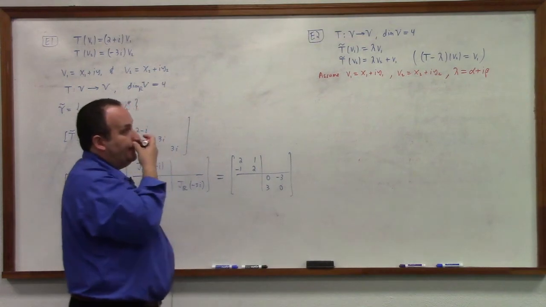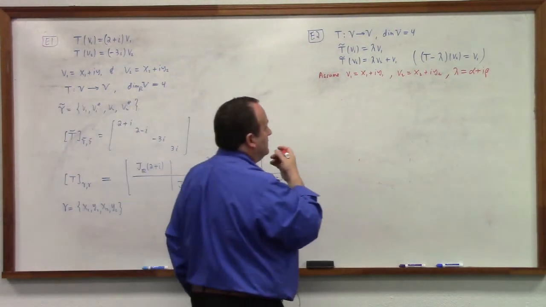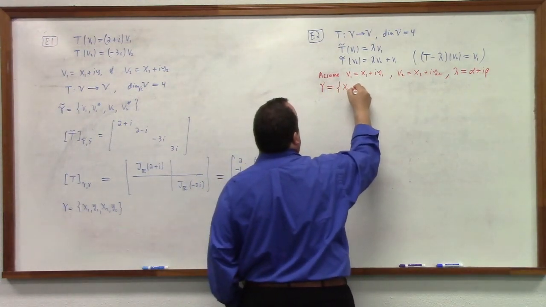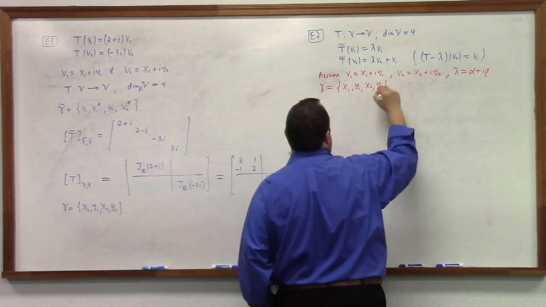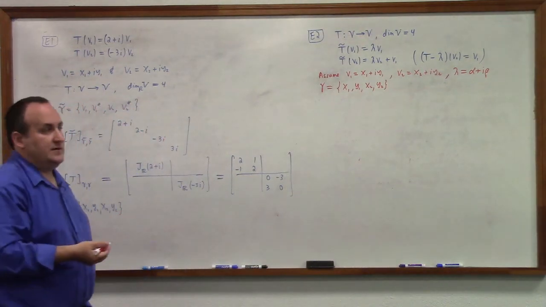So we'd still have to write our gamma basis, right? Which the first part would stay the same. Let's keep gamma still x1, y1, x2, y2. Let's list out the real and imaginary parts of our complex vectors to form the corresponding real basis.